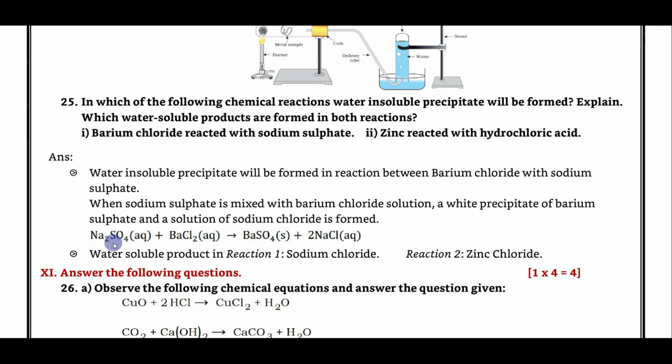That is, sodium sulfate plus barium chloride gives barium sulfate plus sodium chloride. Here the barium sulfate is the white precipitate. The water soluble product is sodium chloride in reaction 1. In reaction 2 it is zinc chloride.